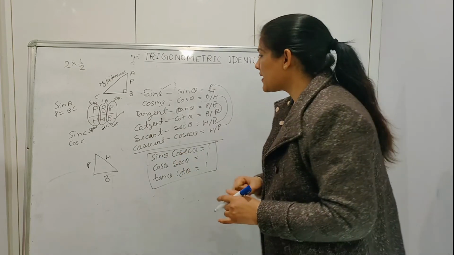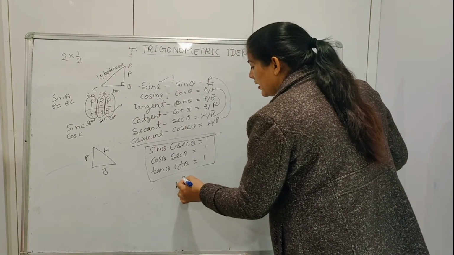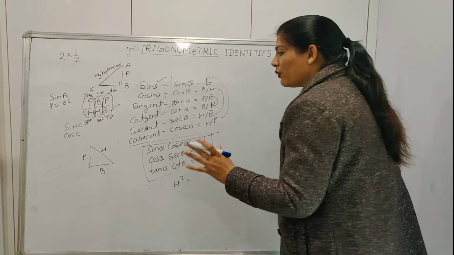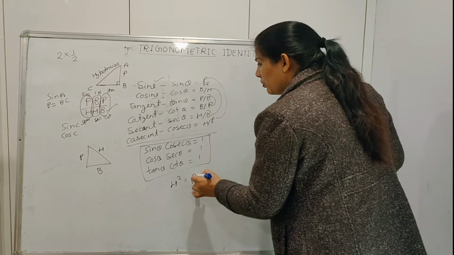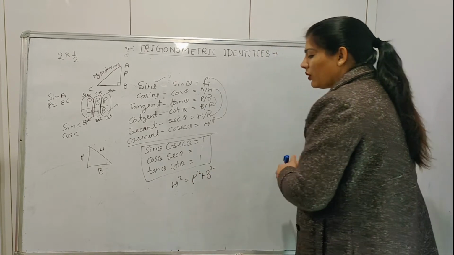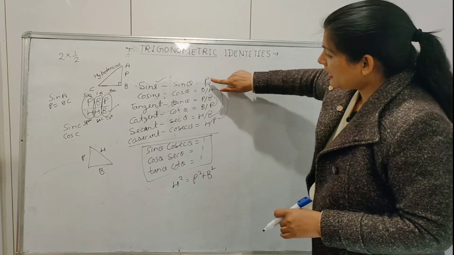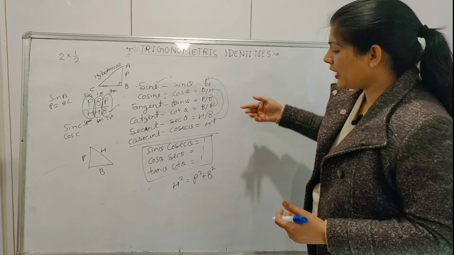That means if we have a right angle triangle, then hypotenuse square will be always equal to perpendicular square plus base square.